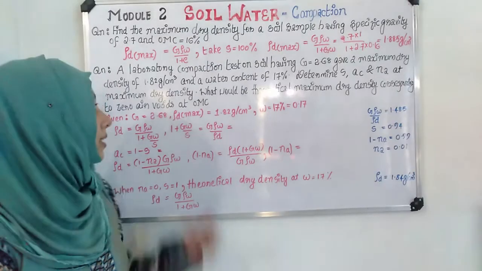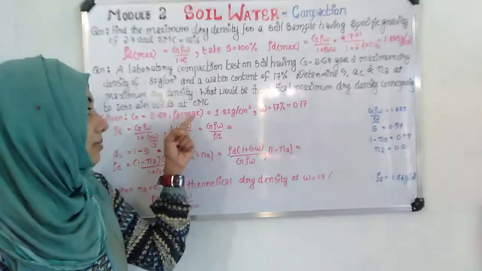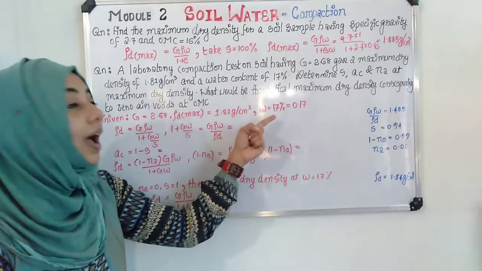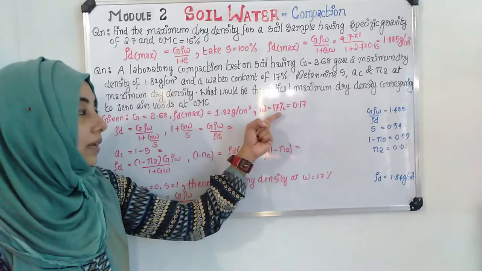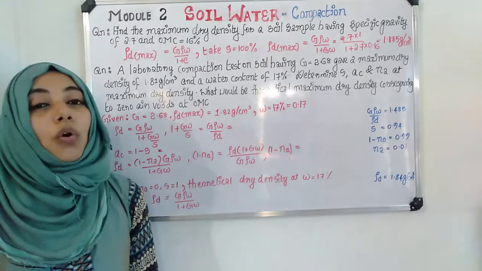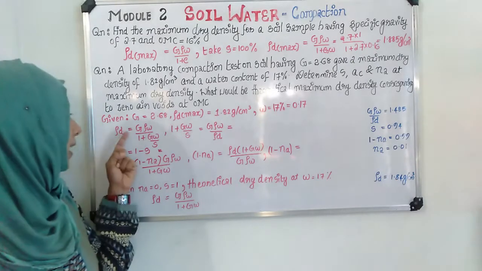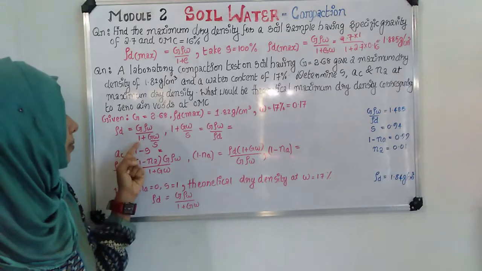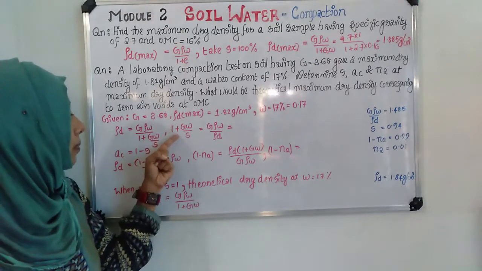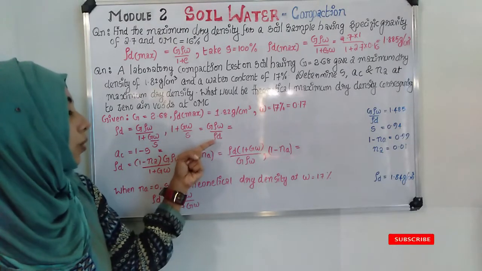So we have given G equal to 2.68, maximum dry density rho d max equal to 1.82 gram per centimeter cube, and water content equal to 17%, which is equal to 0.17. We have the expression for dry density rho d equal to G rho W by 1 plus GW by S. From this, 1 plus GW by S equal to G rho W by rho d.